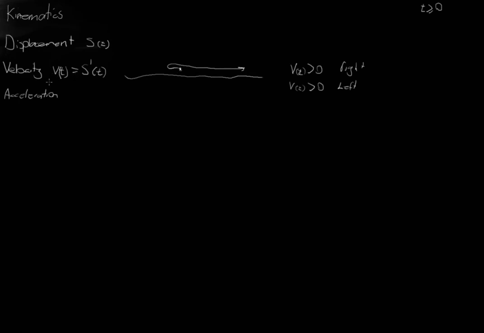So let's give acceleration the function a of t, which is just equal to the derivative of the velocity function, which in turn is equal to the second derivative of our displacement function.